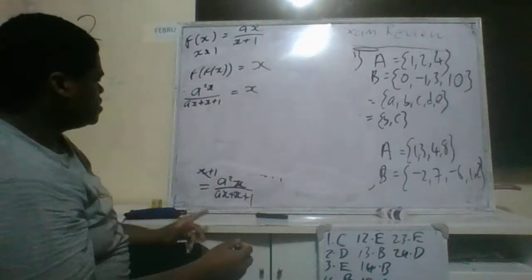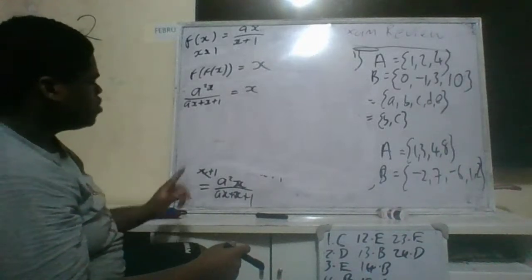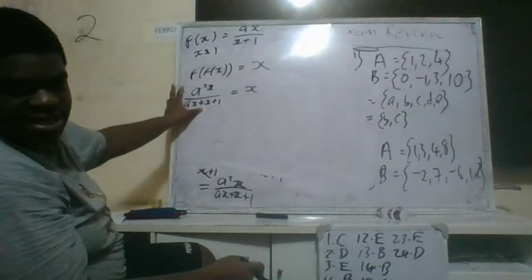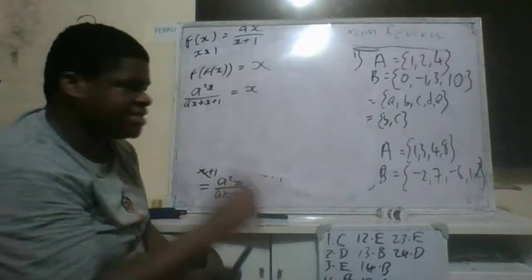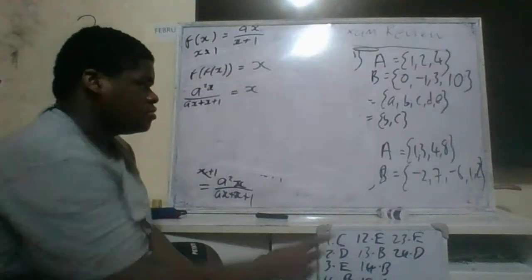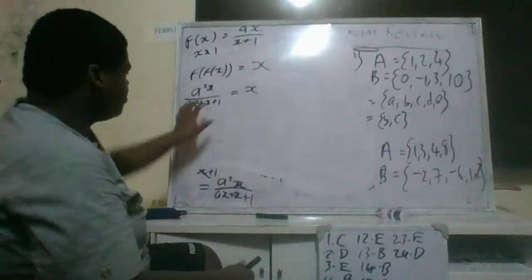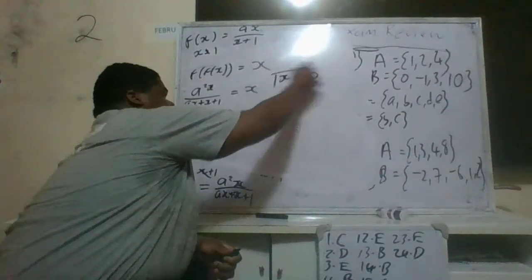The first thing that you will notice is that if x is equal to 0, the right hand side will equal the left hand side. So for this to be equal, the first thing that you notice is x is equal to 0.